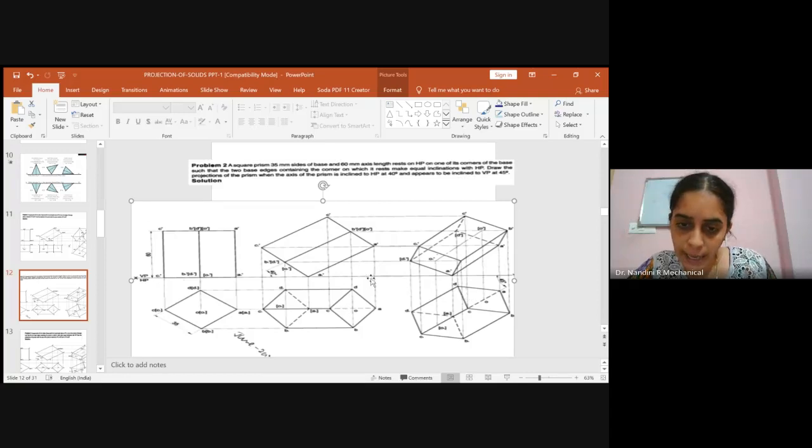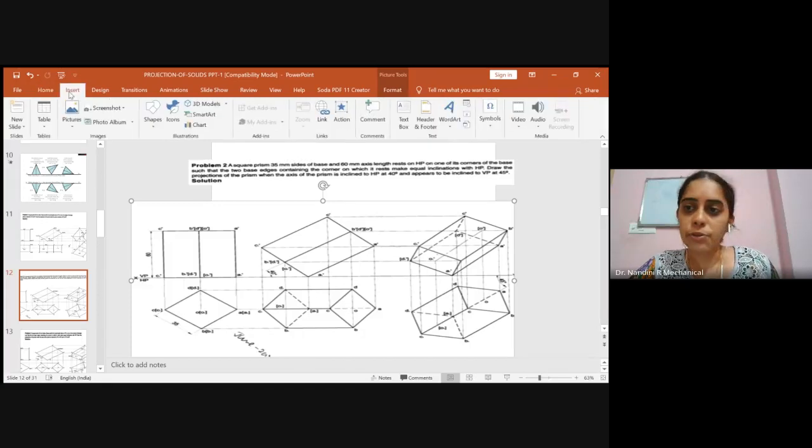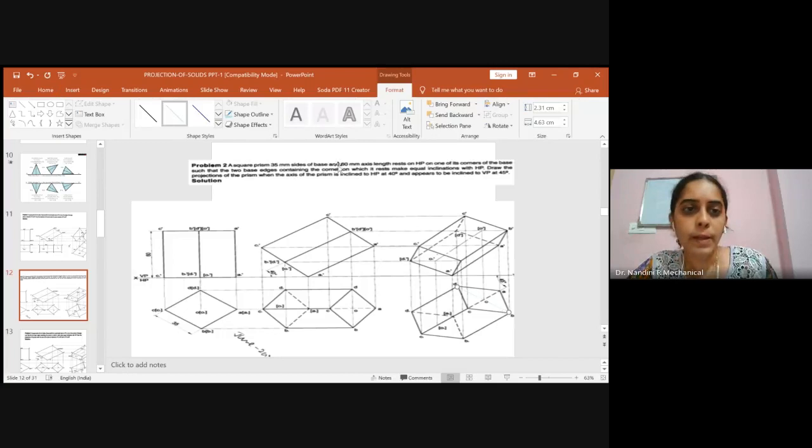So this line will be perpendicular to our axis line, right? From this center, you will just draw a perpendicular line. I'll just show you. Okay, so you can just draw a perpendicular line for construction purpose.